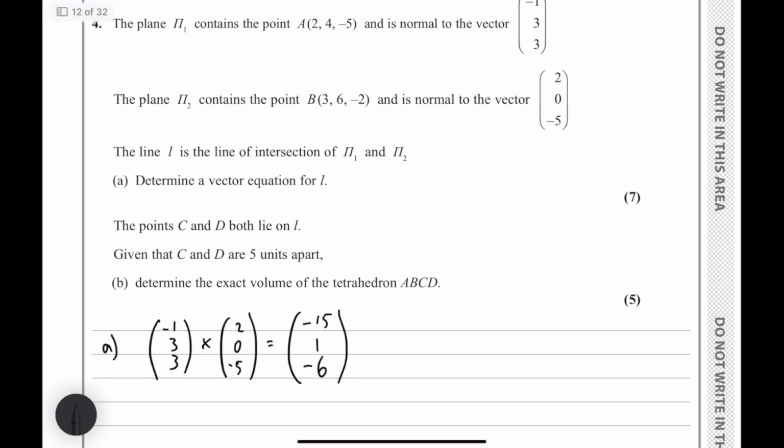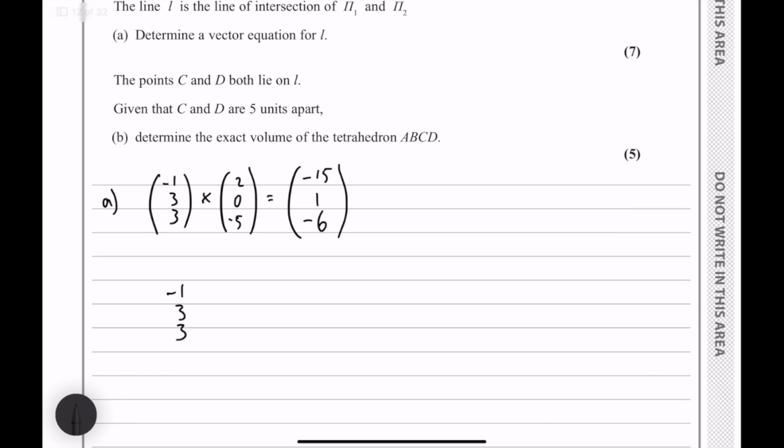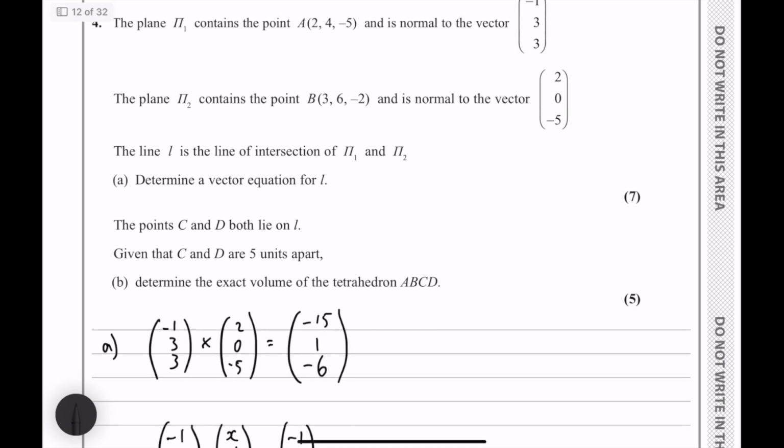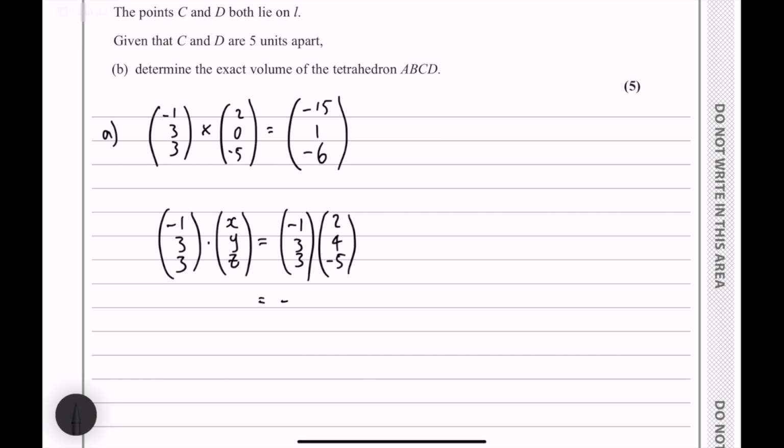Switching format slightly, I'm going to take the normal vector, minus 1, 3, 3, dot with x, y, z, is equal to the normal dot a point, which is 2, 4, minus 5, and that will give me minus 2 plus 12 minus 15, that's minus 5, and on the other side minus x plus 3y plus 3z.